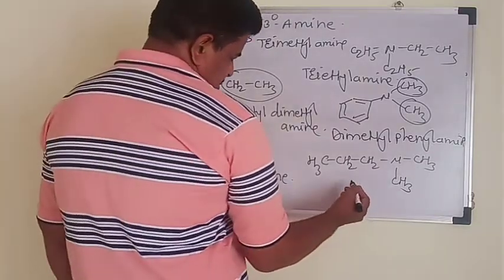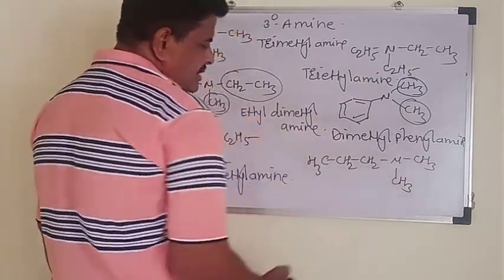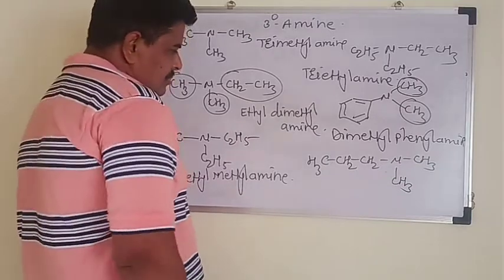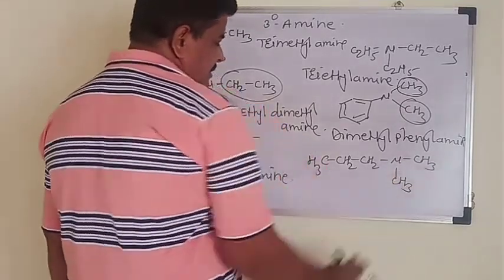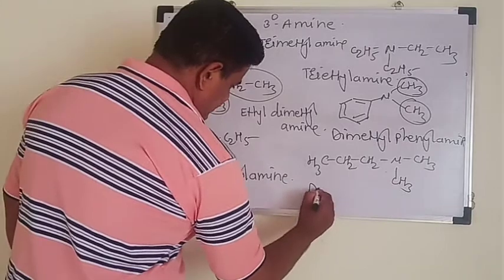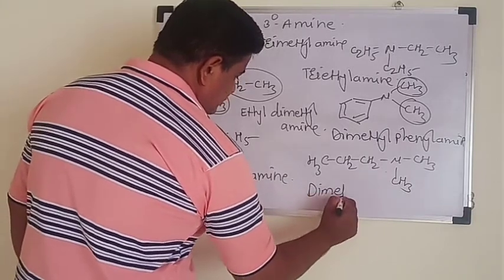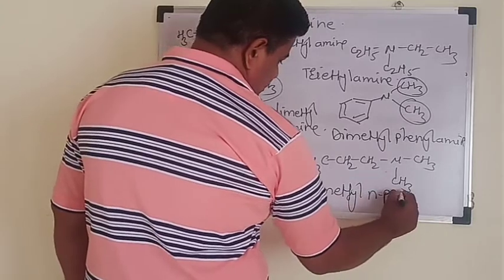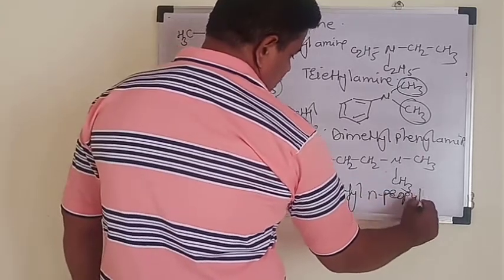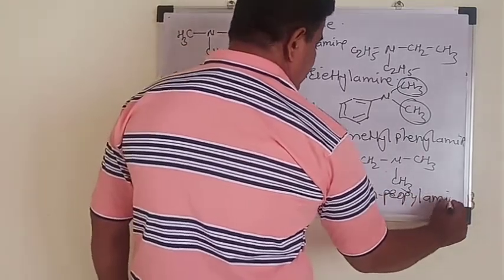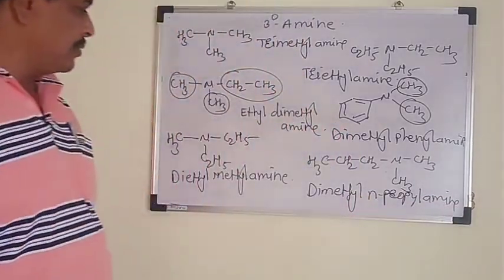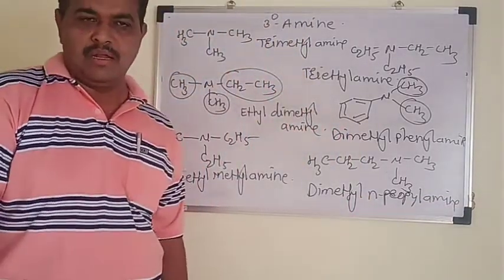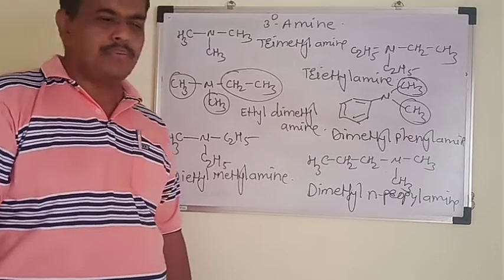Then here propyl and 2 methyl groups are there. So first methyl comes and hence it is dimethyl N-propyl amine. So these are common name systems of tertiary amine.